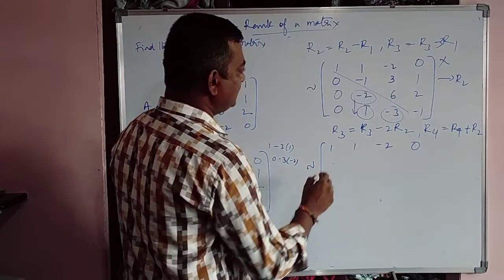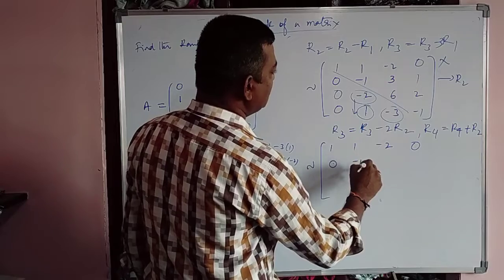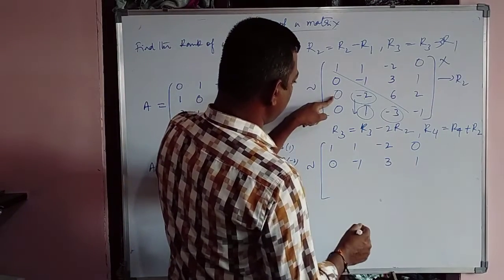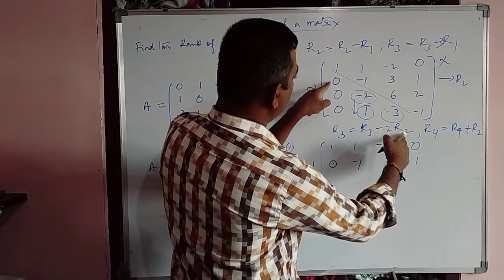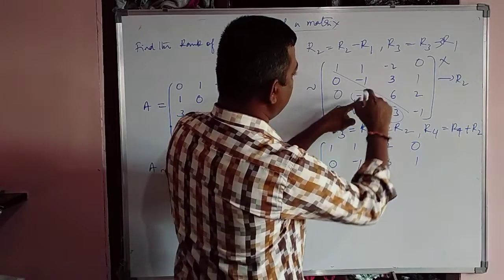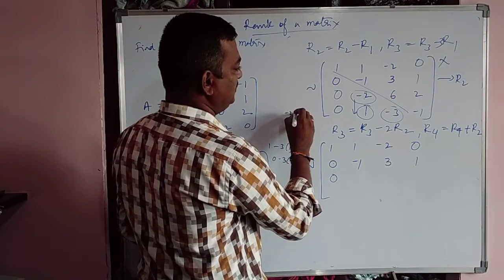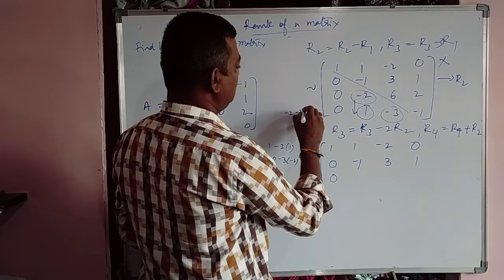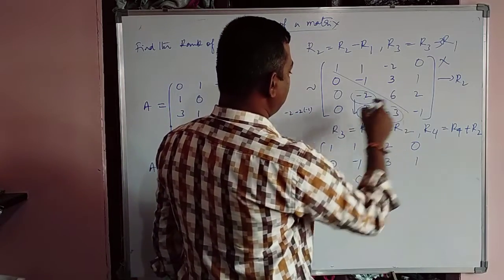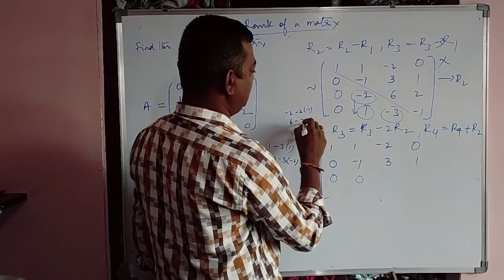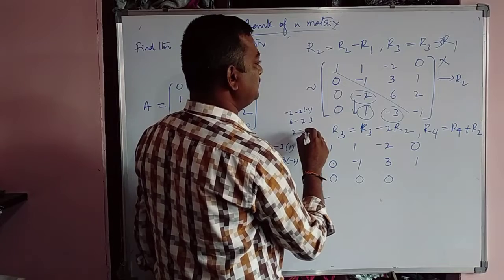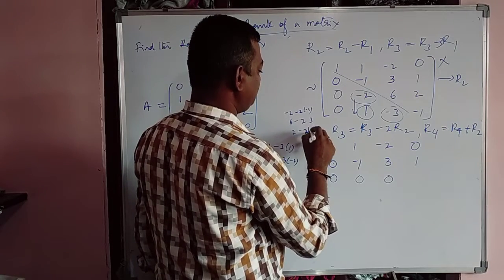R2 is the same: 0, minus 1, 3, 1. Then R3 minus 2 times R2: 0, minus 2 is already minus 2, and minus 2 times minus 1, minus plus, will become 0. 6 minus 2 times 3 is 0. 2 minus 2 times 1 is 0.